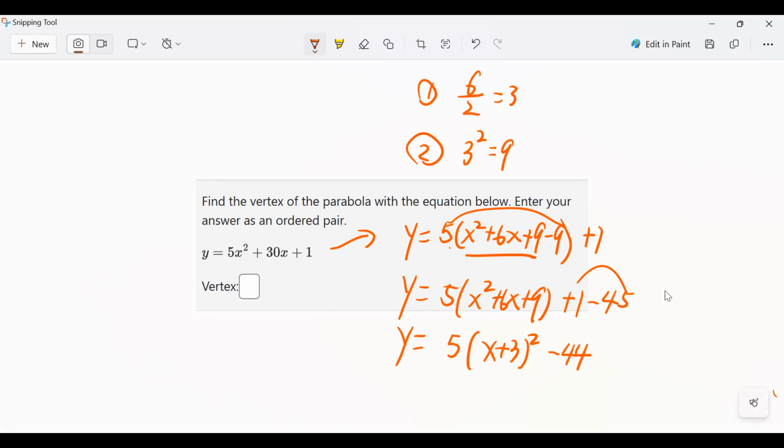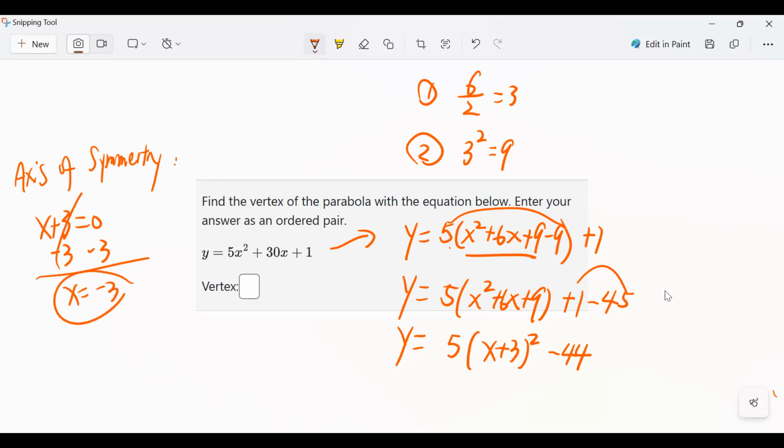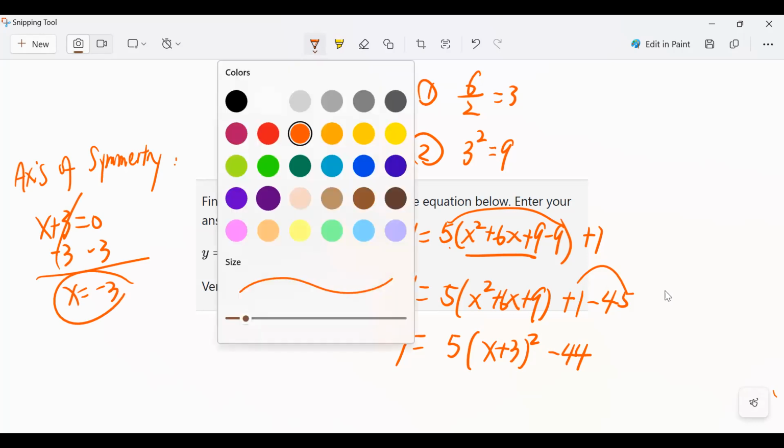Again, we get the axis of symmetry first: x plus 3 equals 0, then subtract 3, so x equals -3. Once we have that, plug it into the original equation.